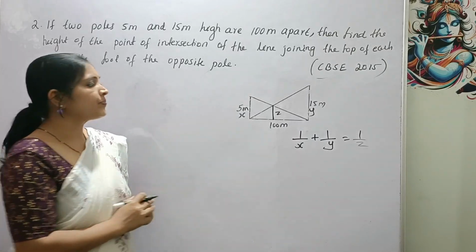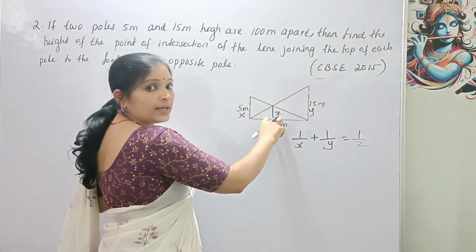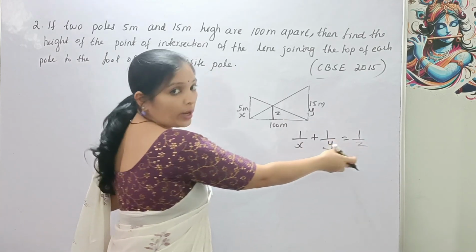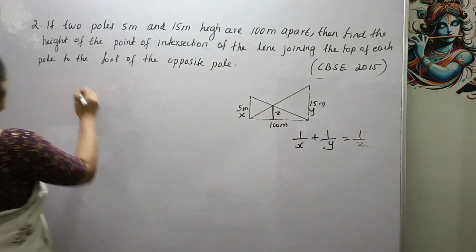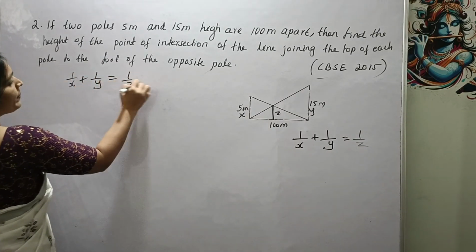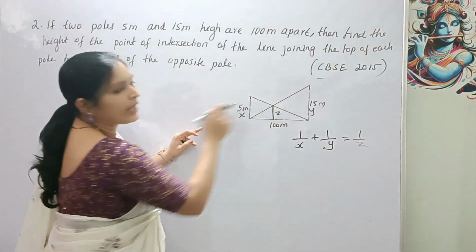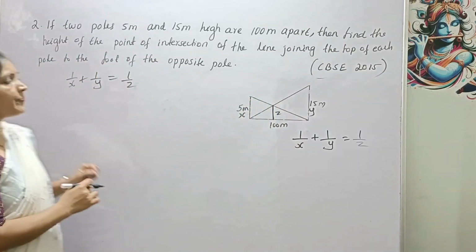Okay, it's very important. So here we can apply this formula: 1 by x plus 1 by y is equal to 1 by z. We can substitute x and y values so that we will get the required height, that is the value of z, right?